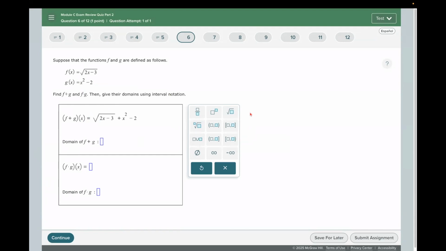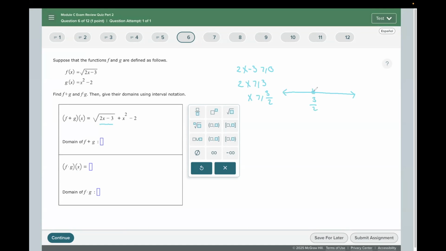Very good. What's the domain of this? Well, what goes wrong here is we don't want to have anything negative under the square root. So we need 2x minus 3 to be greater than or equal to 0, which means that 2x is greater than or equal to 3. So x is greater than or equal to 3 over 2. So if I were to draw this on a number line, here's 3 over 2.